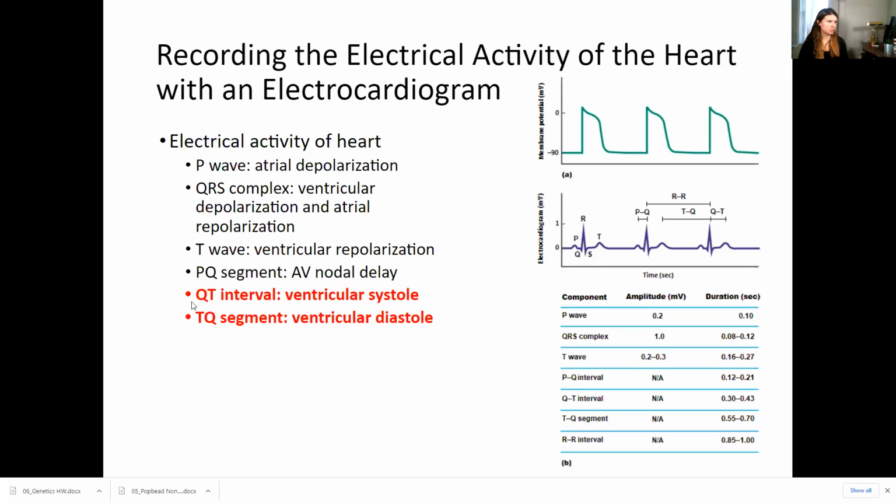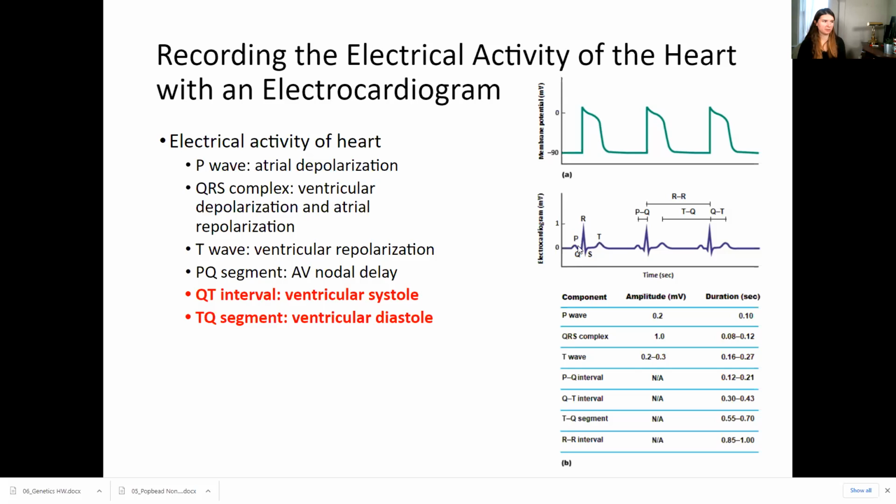The QT segment is basically the whole time that the ventricles are squeezing, because QRS is ventricular depolarization. Depolarization is the action potential, which tells those contractile cells to contract, right?